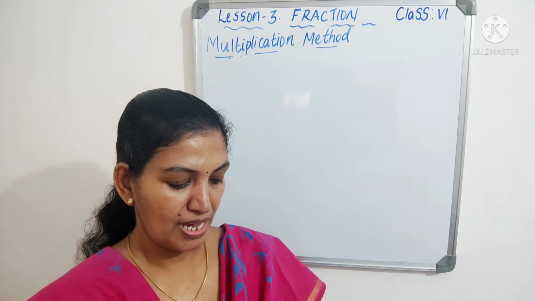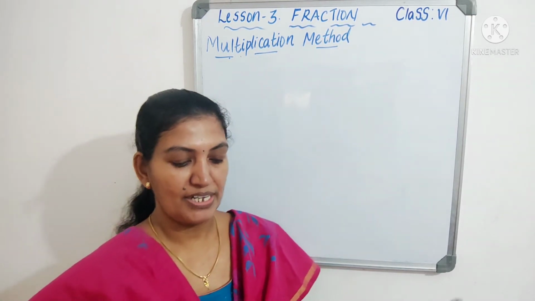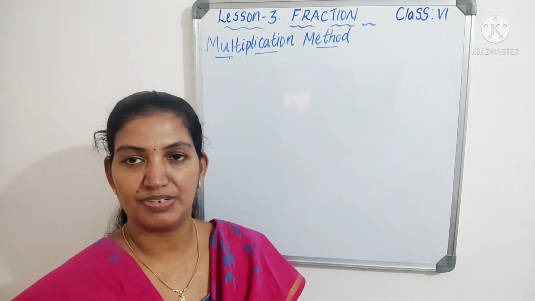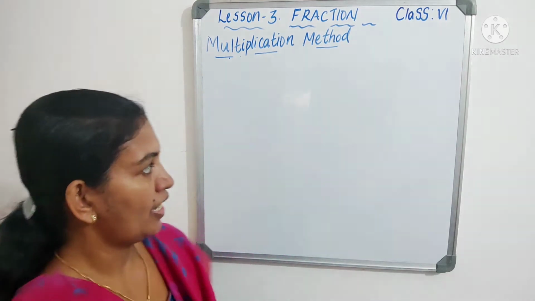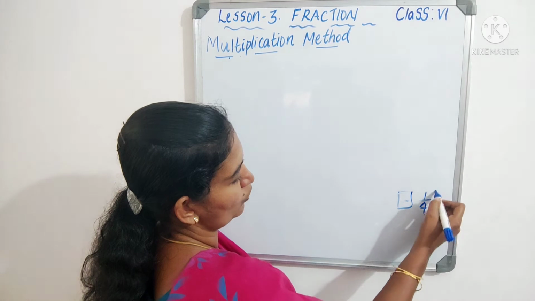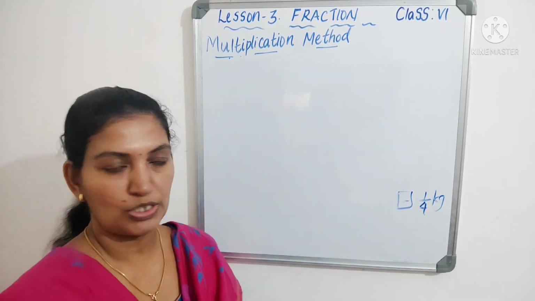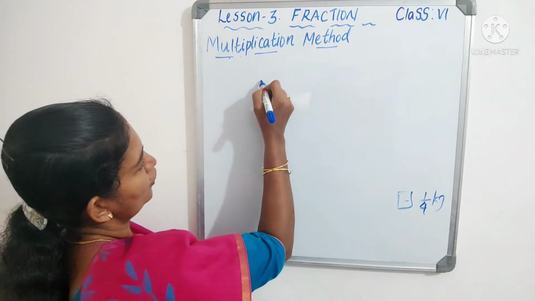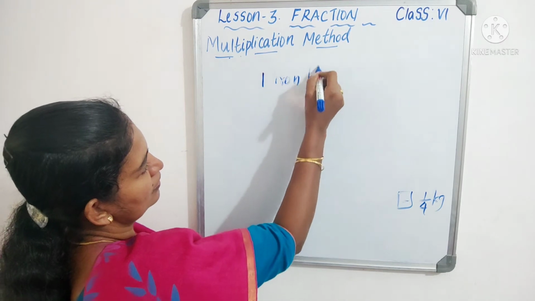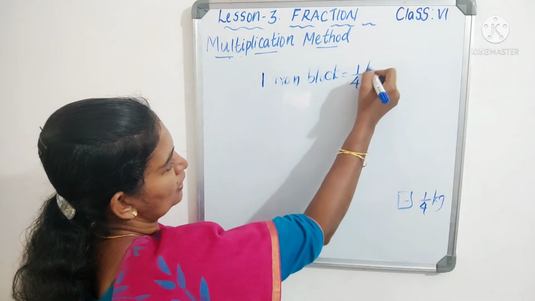First question. An iron block weighs 1/4 kilogram, quarter kilogram. What is the weight of 15 such blocks? What about 16 blocks? Very simple question. The weight of one iron block is 1/4 kilogram.